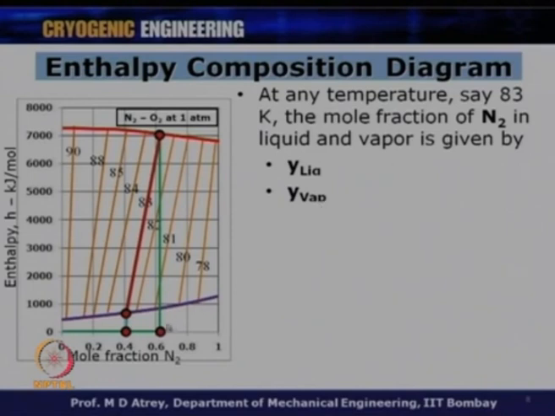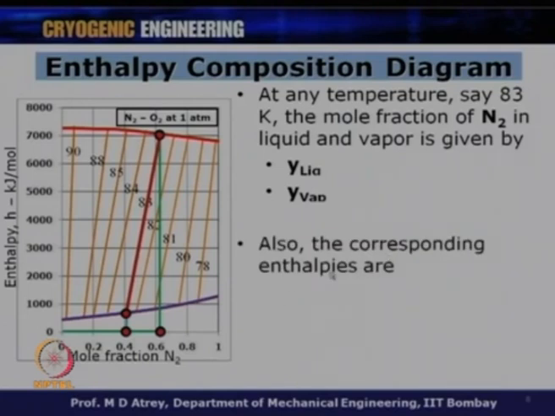So, the vapor is just more than 0.6 mole fraction of nitrogen. So, from this diagram, one can see the molar composition corresponding to a given temperature. If the temperature is given, and you know whether it is a saturated vapor or saturated liquid condition, or for that matter anywhere in between, one can find out the enthalpy or the mole fraction of nitrogen, the low boiling component.